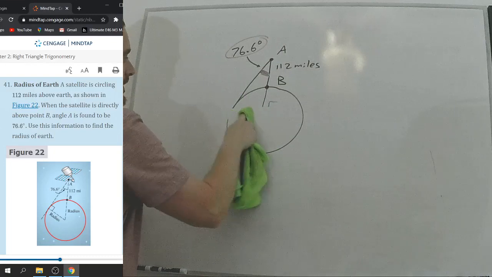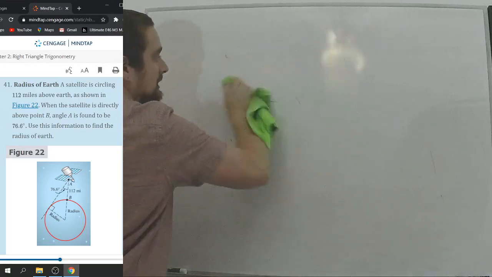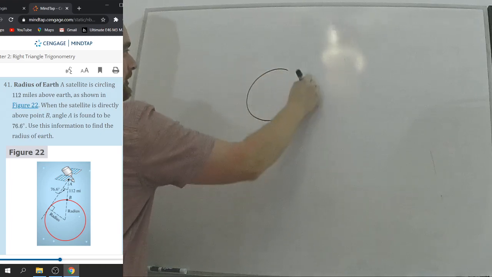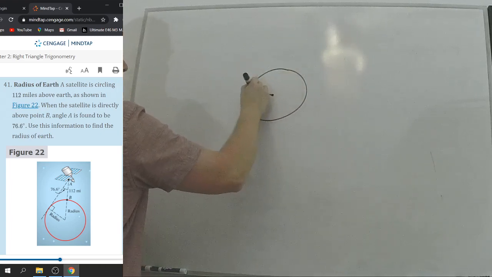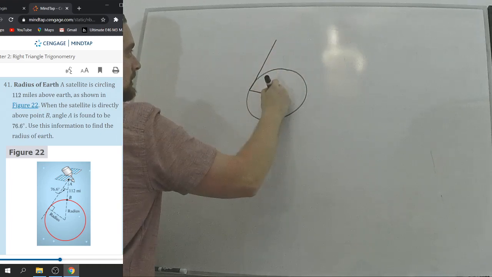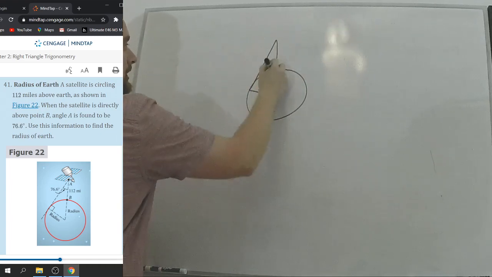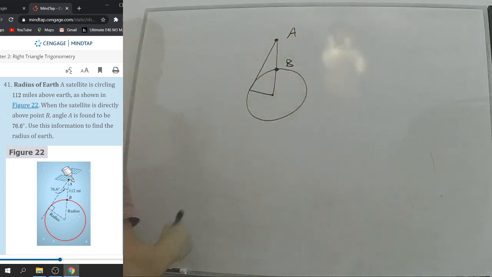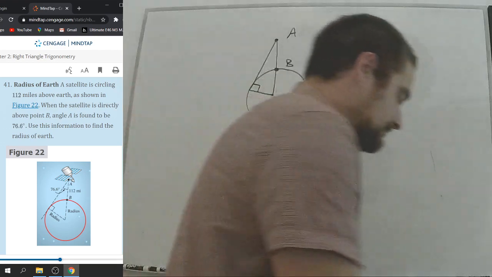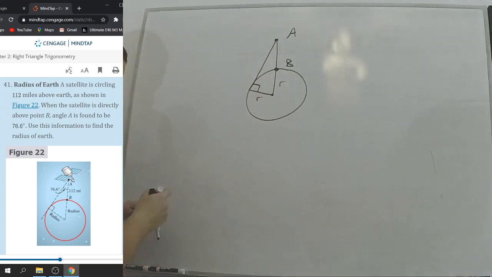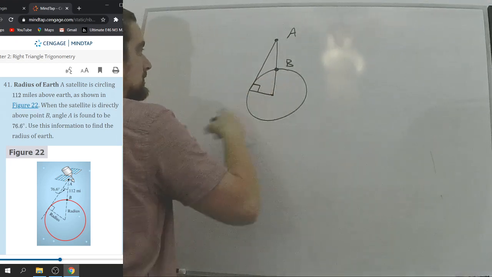Let me go ahead and fix my diagram. There's our radius. There's our 90-degree angle. There we go. We still have B and A, but that's our 90-degree angle. Still have our radius here. Oh, I think I switched the colors. Let me not do that.